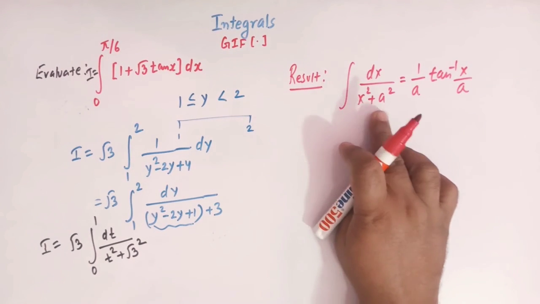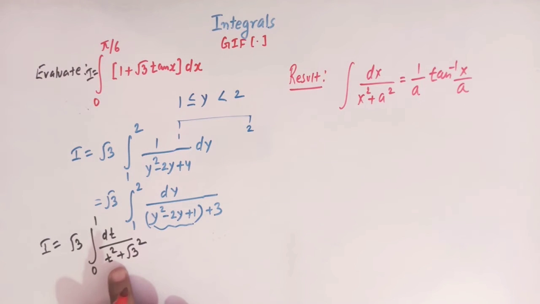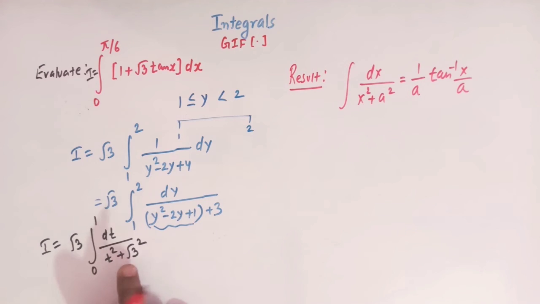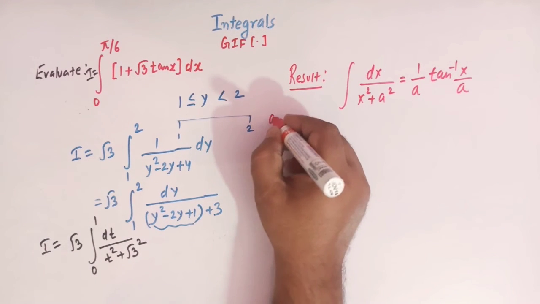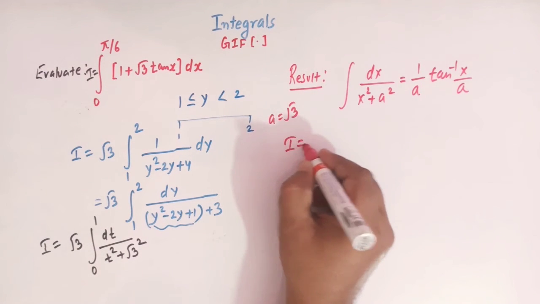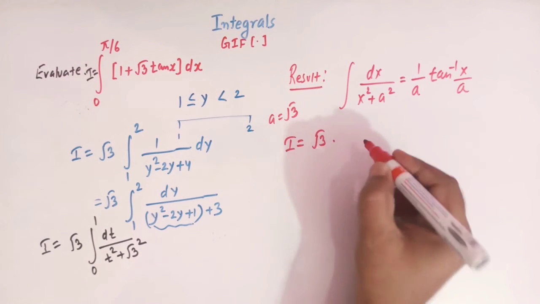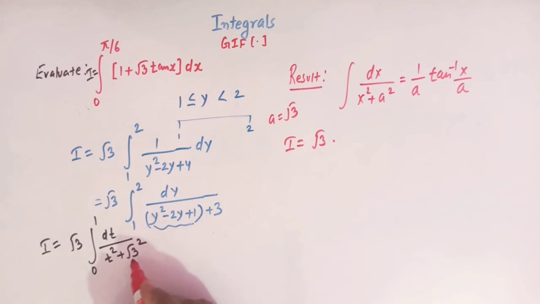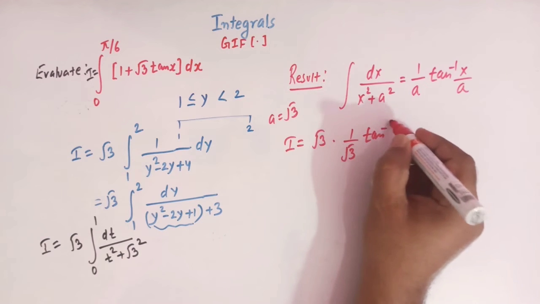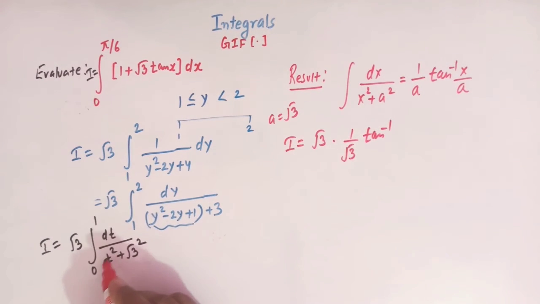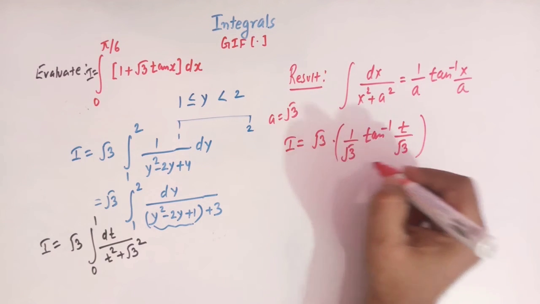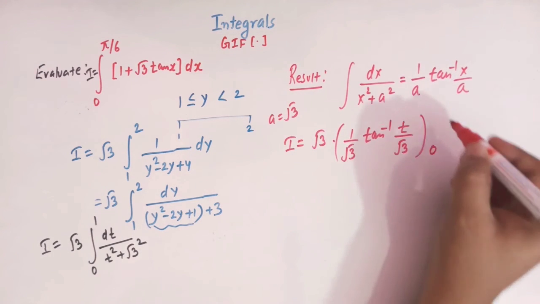So we'll make use of this result to evaluate this integral. So here for x we have t, and for a we have square root of 3, right? So we have I is equal to root 3 times 1 over a. So we have 1 over root 3, then we have tan inverse x over a, that is t over square root of 3, and the limits are from 0 to 1.